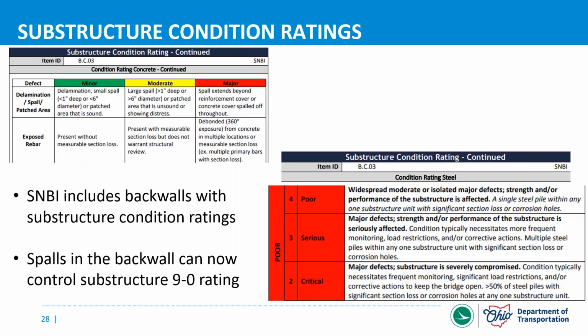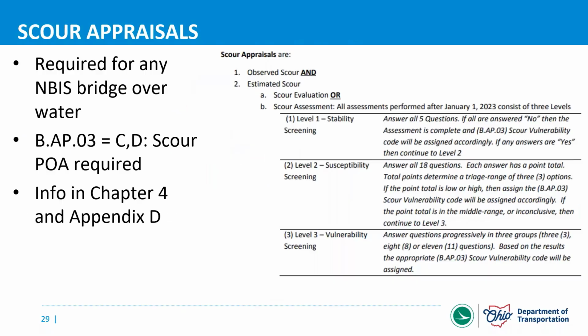But, we're no longer discounting fascias. We want steel substructures that are not encased, that have through holes, to have a lot of weight. We want these rated as 3s. We want them rated as criticals. So please make sure that you are accurately rating steel substructures as 3s or 2s with corrosion holes in the piles.